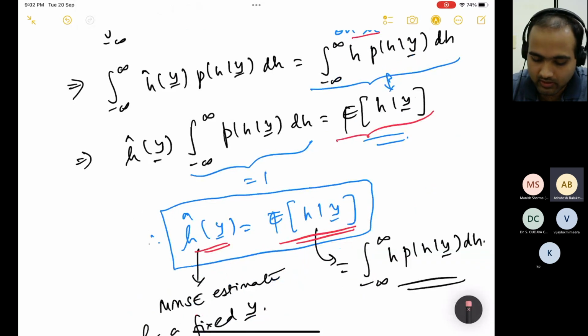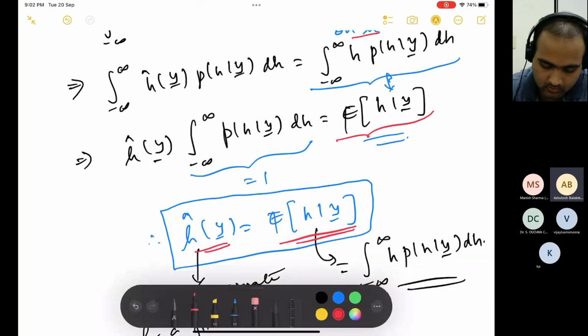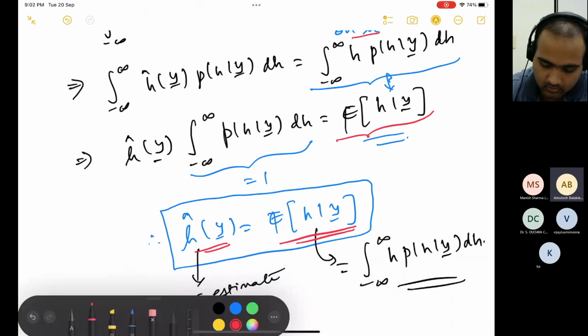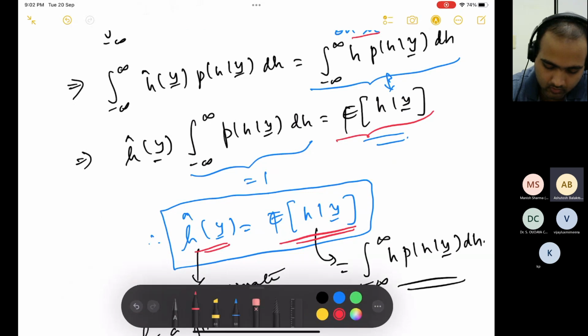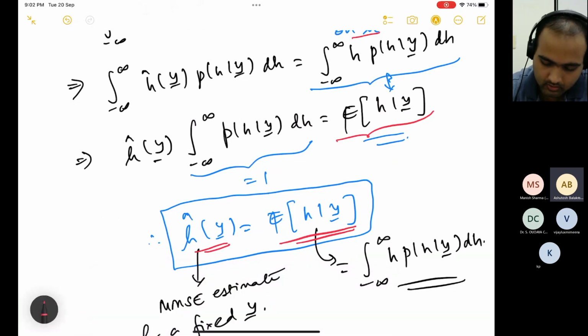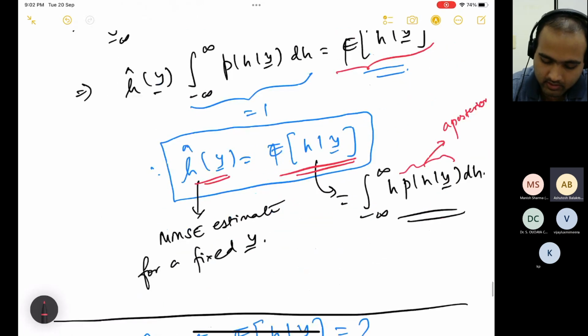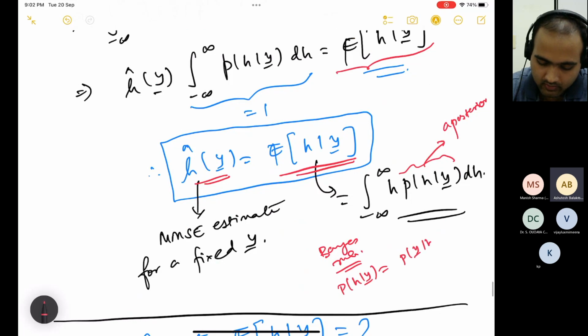And what is p(h given y)? This is the a posteriori probability. If you just recollect the Bayes rule, the probability of h given y is the probability of y given h, p(h), over p(y), right?